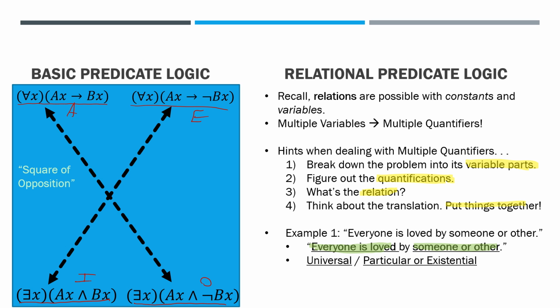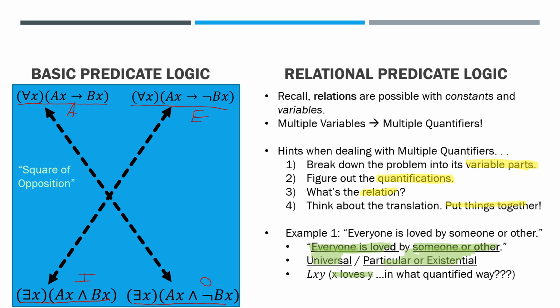On the one hand, you have something that's universal, and then you have something that's particular or existential. We have a relation. We have LXY. In other words, X loves Y. But the question is, in what quantified way? We're told that everyone is loved by someone or other.